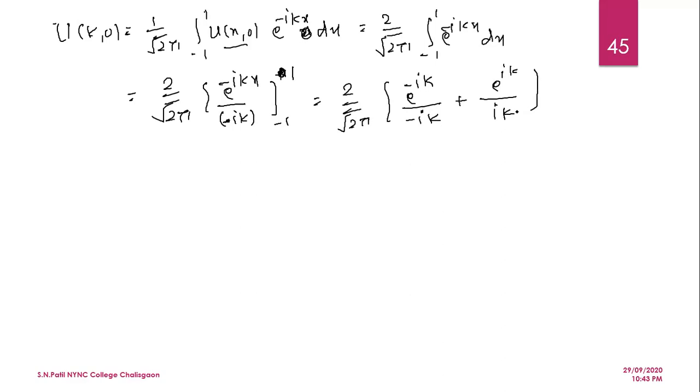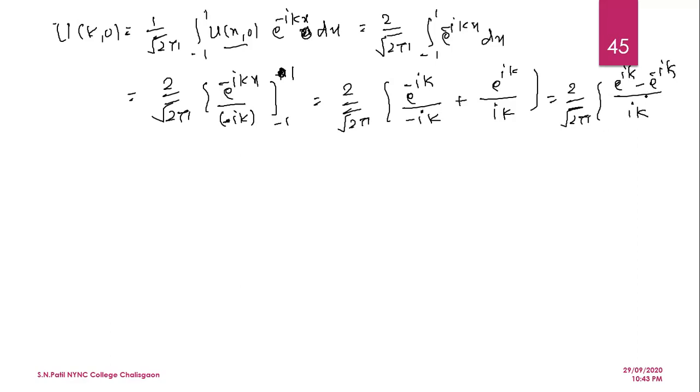Now here the denominator is the same: 2 upon under root 2 pi, ik is the same denominator, e raised to ik minus e raised to minus ik.